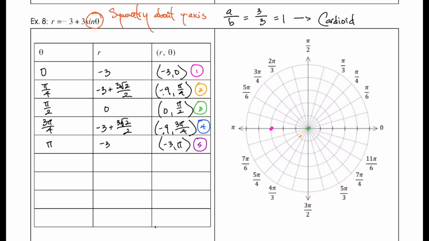All right, I'm going to go to 3 pi over 4, and I'm going 0.9 in the other direction. And then the last point I'm going to draw here is I'm going to go pi, but I'm going 3 in the other direction.